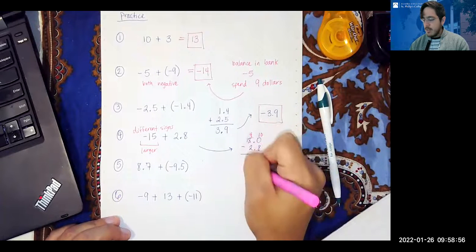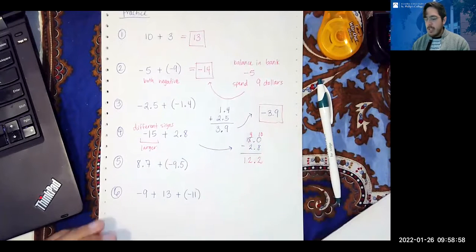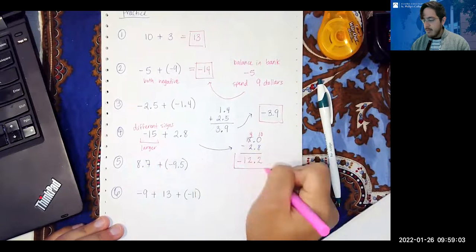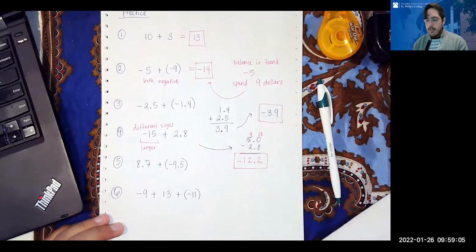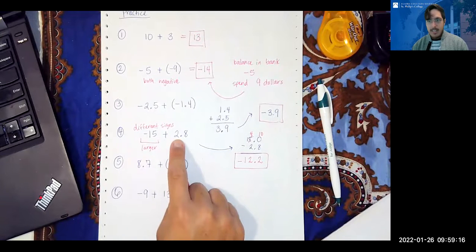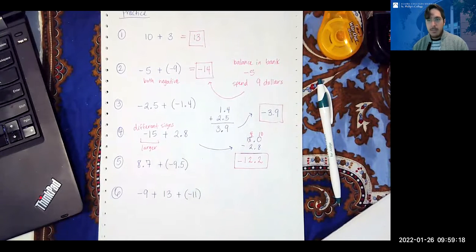This gives us a 2, and we still have a 1. But since the larger number was negative, our result here should be negative. And then we can use that money intuition to say, if I had negative $15 in my bank account and I deposited $280, I should still have negative because it wasn't enough to clear my negative balance.